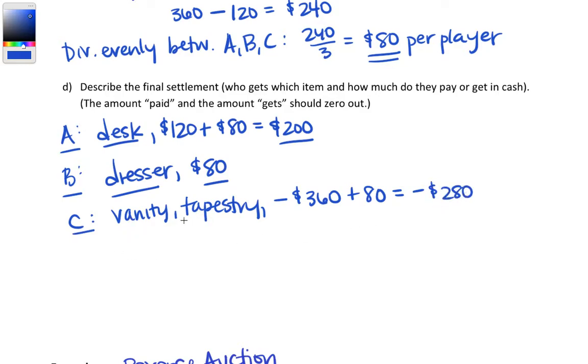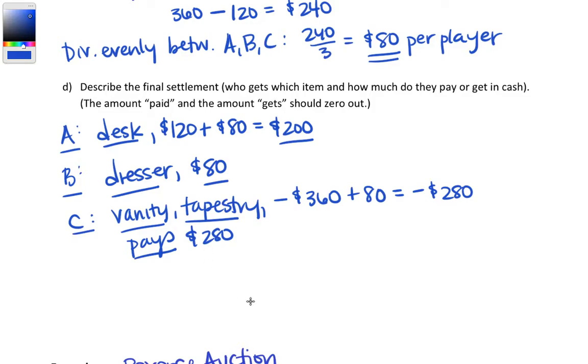So she gets the vanity, the tapestry, and she pays $280. And if you'll notice here, the amount paid and the amount gotten should zero out, and it does. So here, Anna gets $200, Belle gets $80, and $280 is exactly what Chloe pays. So there is our final settlement.